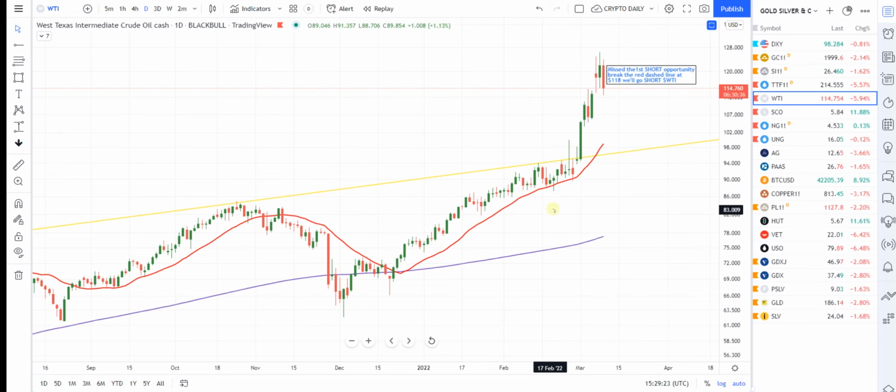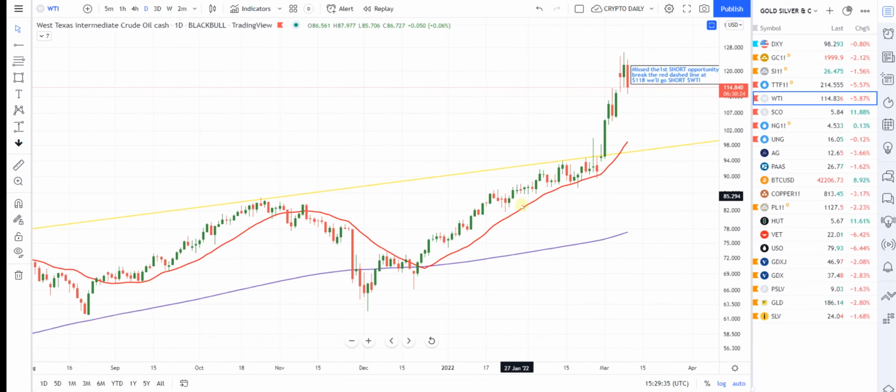And another thing, when you first open a chart, you want to see where the 20 is in relationship to the 200. If it's on top, that's potentially bullish. Then you want to make sure the price is above the 20. So it's very bullish. Like right here, yeah, the 20 is above the 200, but where's price? Under the 20. So that's potentially more bearish than bullish, especially when you start getting under the 20.